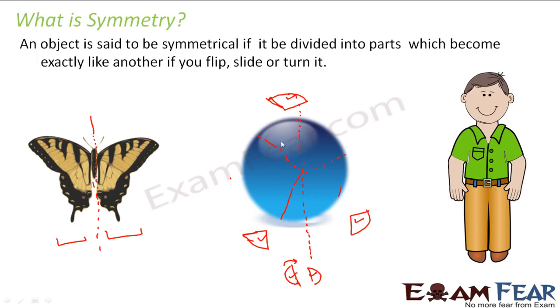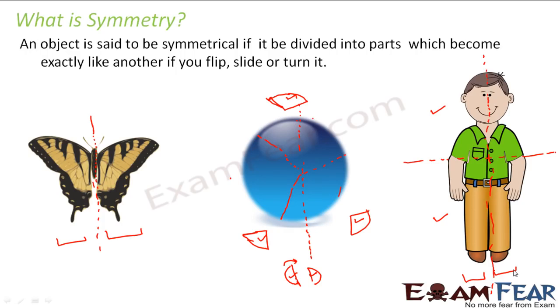Similarly, the human body. Now, if you divide the body along this axis, the upper part and the lower part, are they identical to each other in any sense? No, right? But if you divide the same body along this axis, then are the two parts identical, this side and this side?